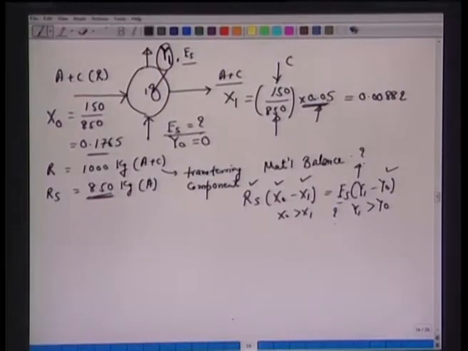So, now we have two unknowns, Y1 and ES: what is the mole fraction of the solvent phase or E phase at the exit of this stage, and how much is the solvent requirement.